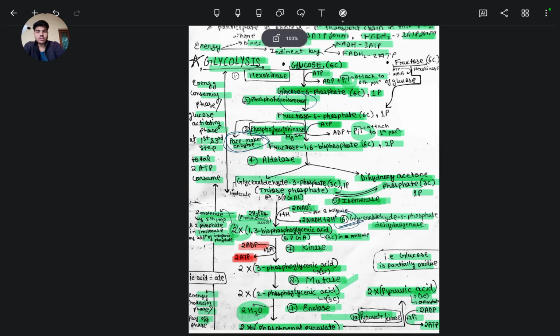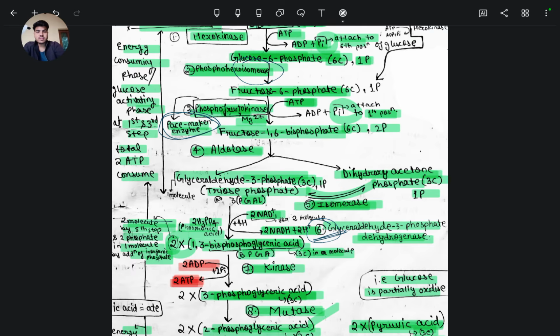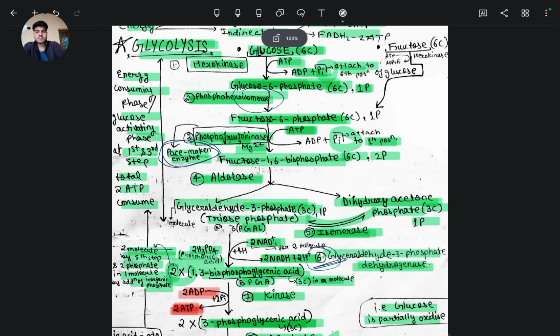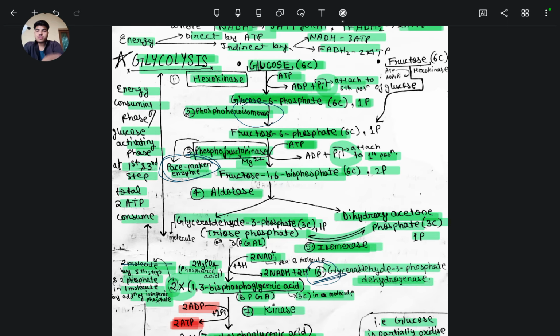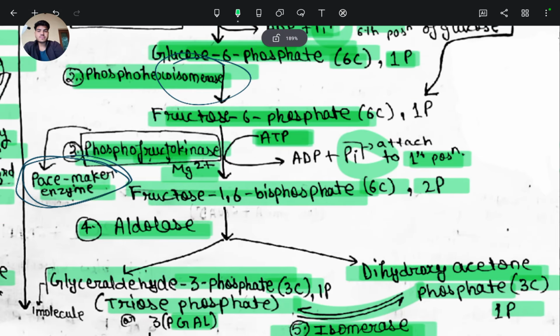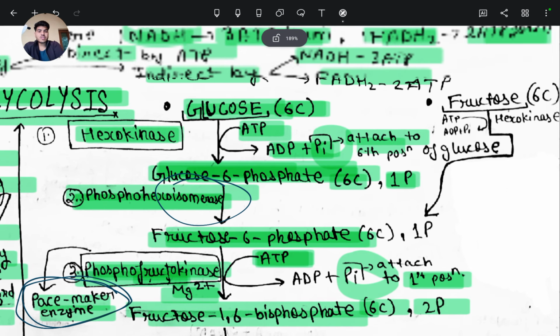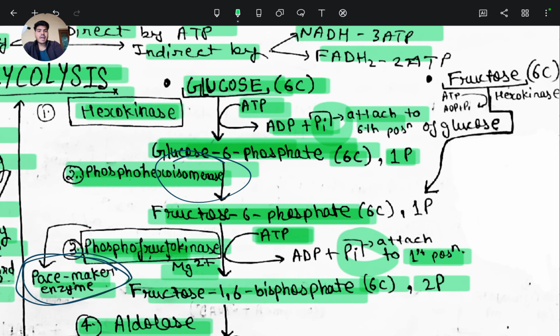So take a screenshot of this glycolysis. If fructose enters in this process, then it directly uses 1 ATP in the presence of hexokinase enzyme to form fructose 6 phosphate.